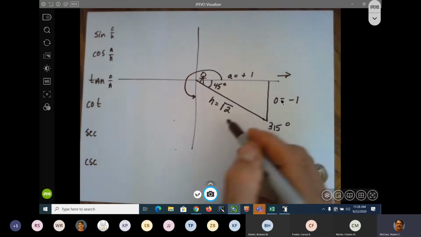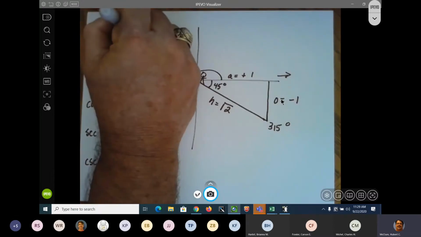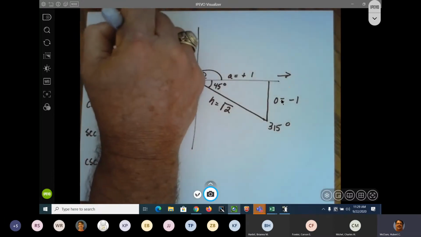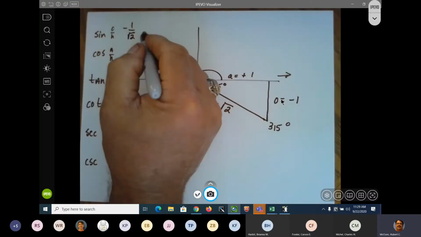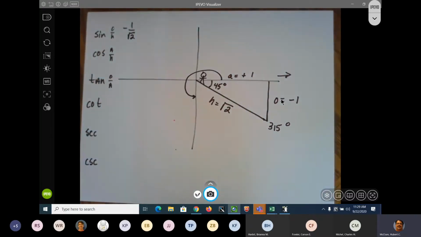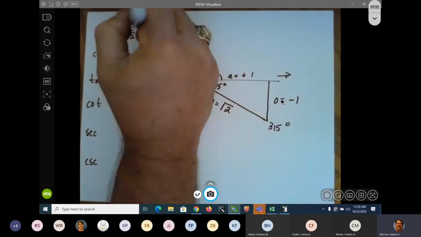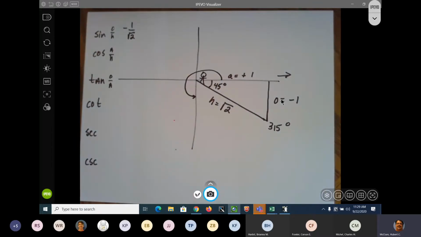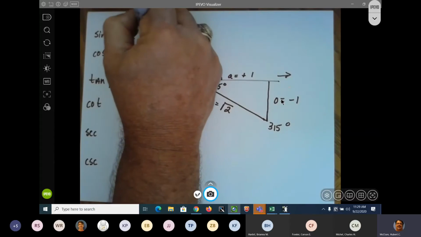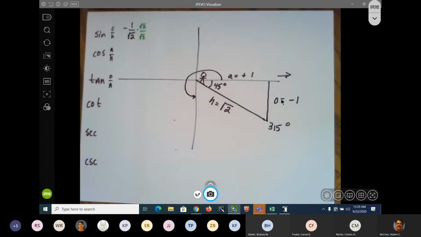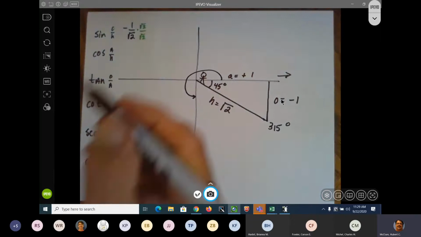Oscar had negative 1 over the square root of 2. Well, you don't want a radical in the denominator, so I'm going to multiply. I'm going to do this in a light green, so you'll see that I'm doing square root of 2 over square root of 2.